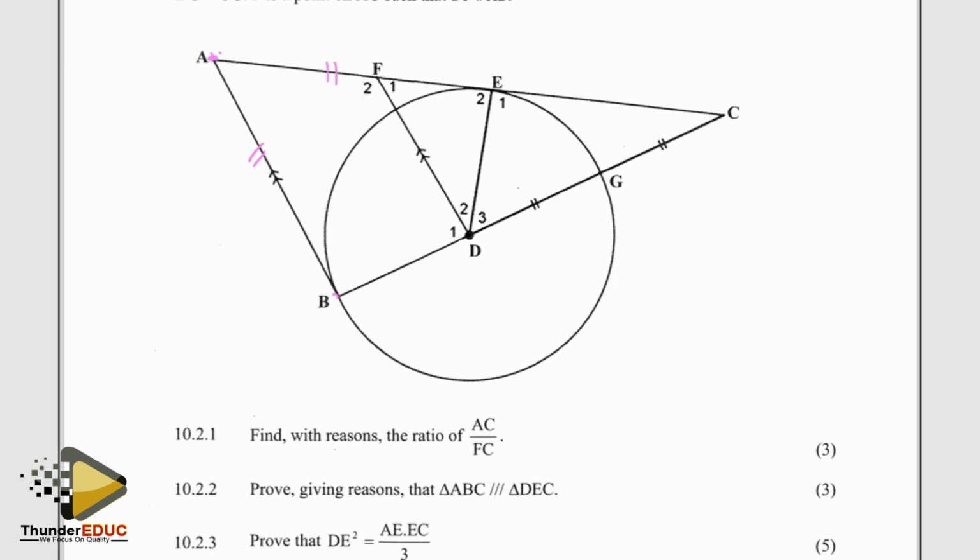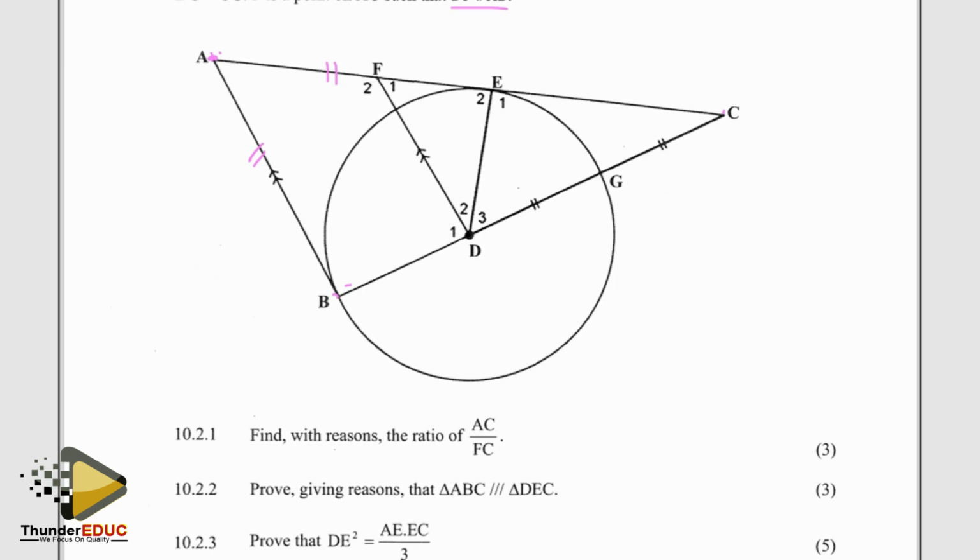Then at B and E, respectively, the diameter BG is produced to meet the tangent at E, at C. DG is the same as that. They have indicated that for us. And then these lines are parallel. Find with reasons the ratio of AC over FC.